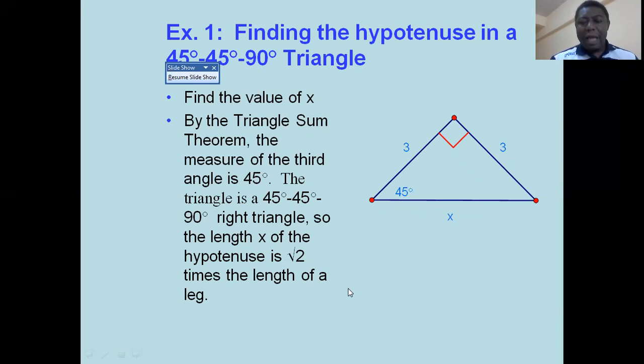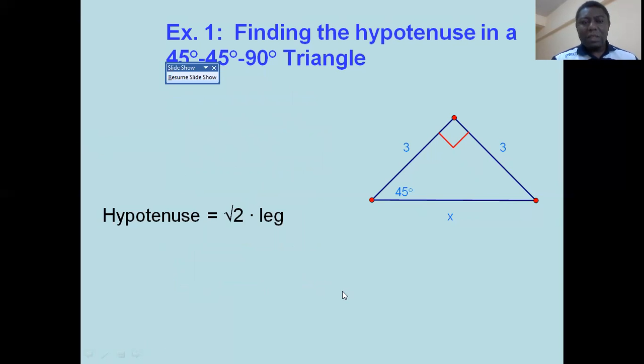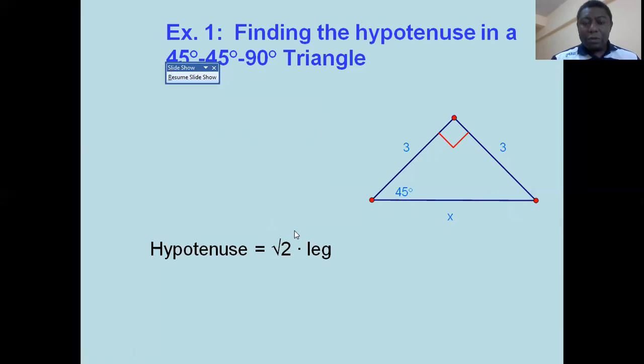Remember, the hypotenuse is equal to the square root of 2 times one of the legs. So x is equal to the square root of 2 times 3. 3 is one of these legs. You can use either one, but both of them have the same length.